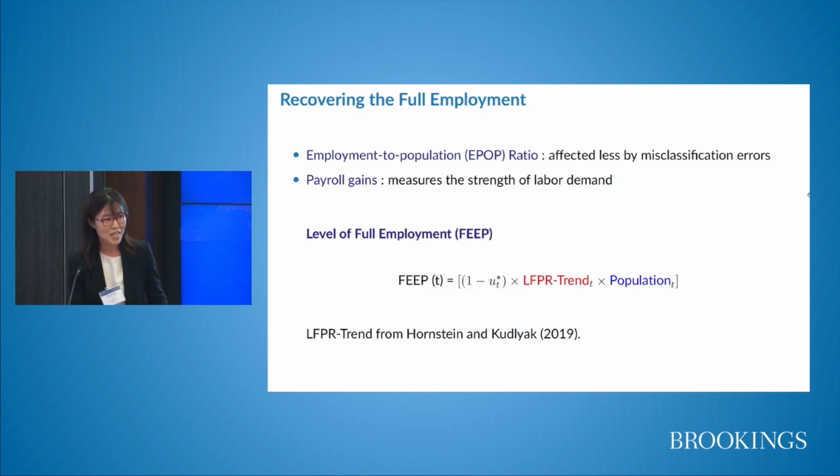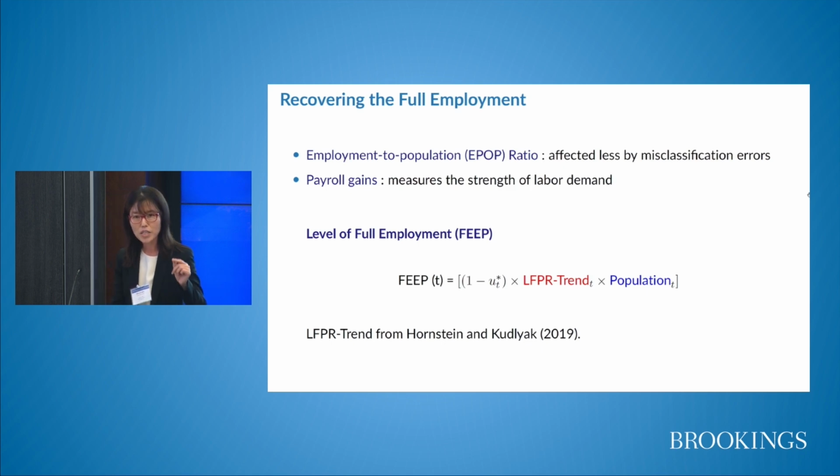Here I propose a new concept based on the FAIR formula, that is, the level of full employment. FE means full employment, and EP means employment in population or employment in payrolls. The definition of FEEP at time t is 1 minus U-Star multiplied by the participation rate trend, where the participation rate trend is the non-cyclical component of the participation rate, multiplied by population.